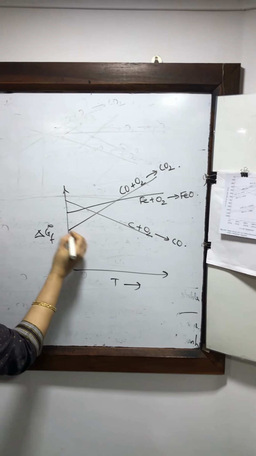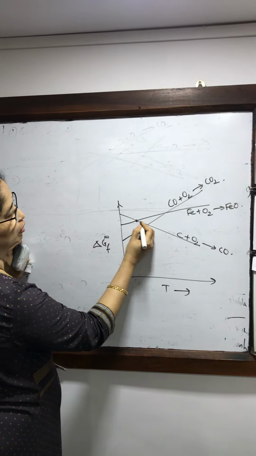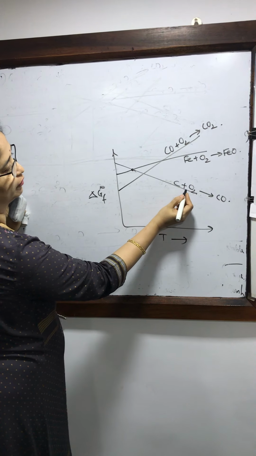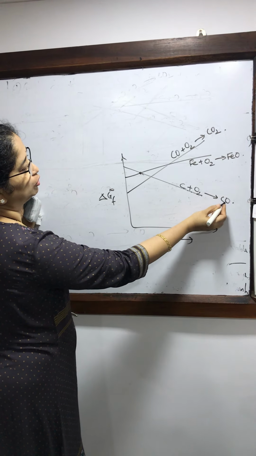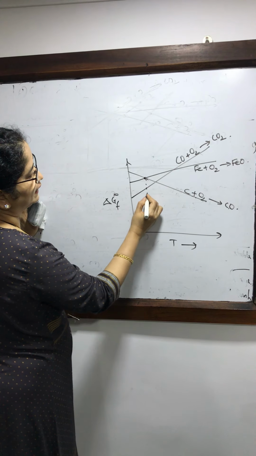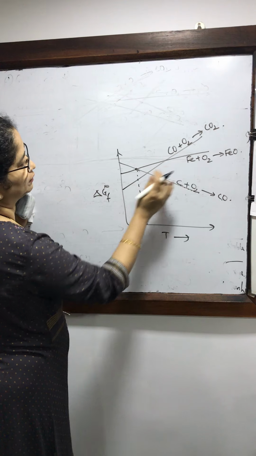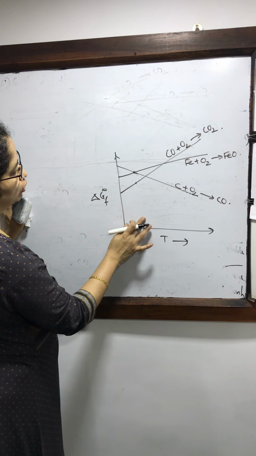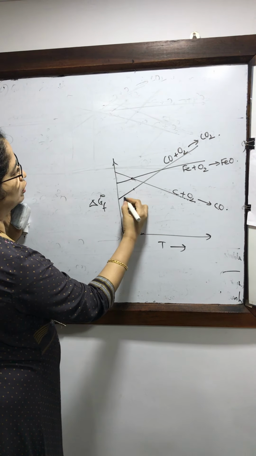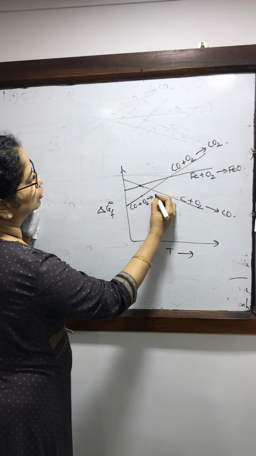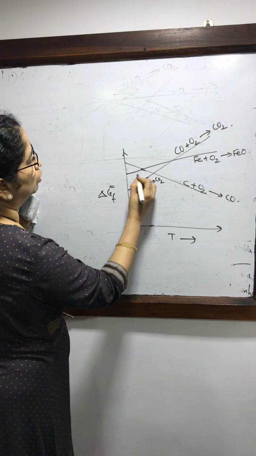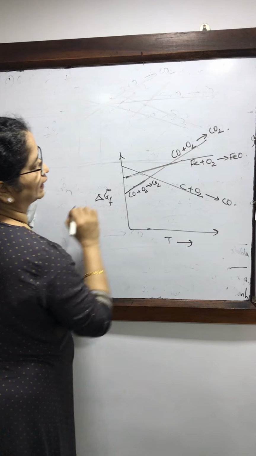So you will see that this graph for the formation of iron oxide is cutting this graph for the formation of carbon monoxide. So here this is going to be the point where these 2 graphs are meeting. You will also see that this graph for the formation of carbon dioxide from carbon monoxide is below this graph for iron oxide.